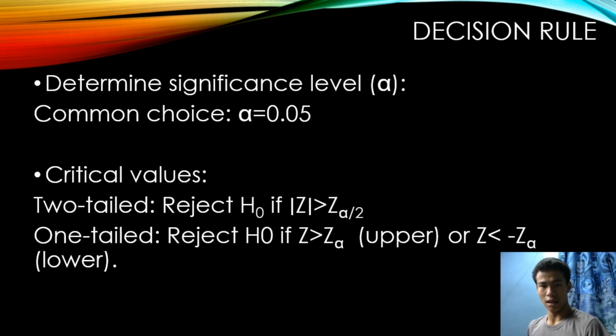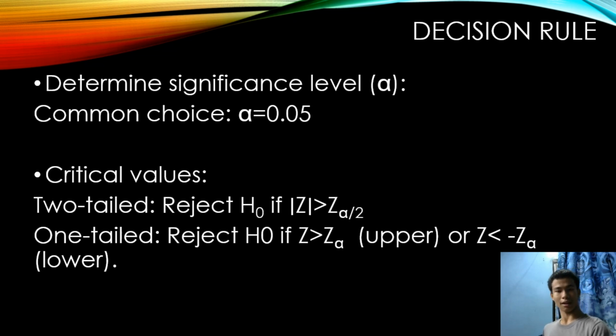The decision rule. First, determine the significance level. The significance level is commonly chosen as alpha equal to 0.05. The critical values for a two-tailed test: reject the null hypothesis if the absolute value of z is greater than z sub alpha over 2.